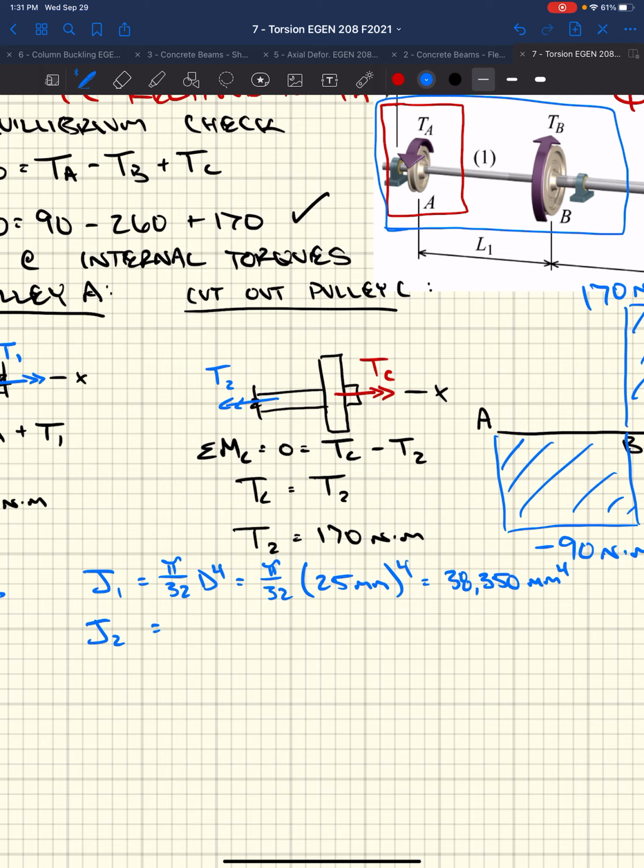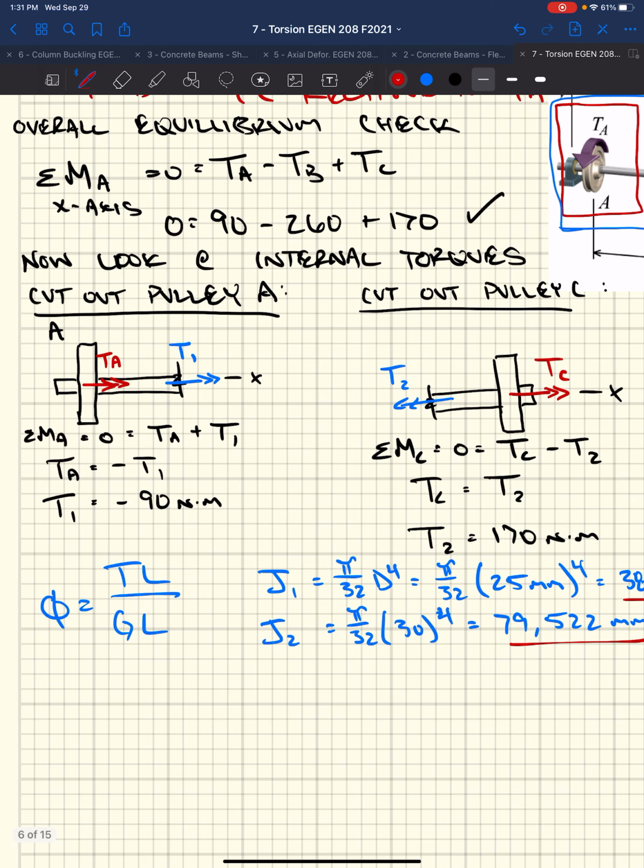If we look at J2, same thing. Pi over 32 because it's a solid shaft. Its diameter is 30 millimeters, so we get 79,522 millimeters to the 4th. So now we have our J1 and J2, polar moments of inertia.